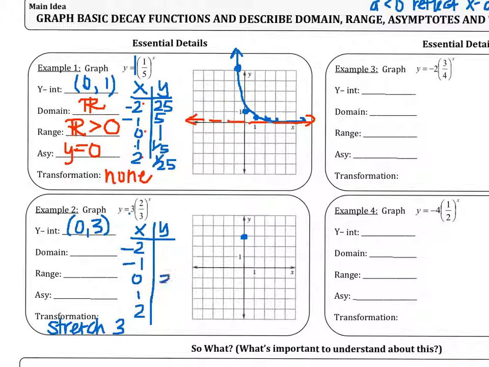Multiply it by 3, you get 3. 2/3 to the first is 2/3 times 3 makes 2. 2/3 squared is 4/9. And 4/9 times 3, let me write this down so you can kind of see what I'm thinking. 4/9 times 3, it's like saying 3/1, and so this ends up being 4/3.